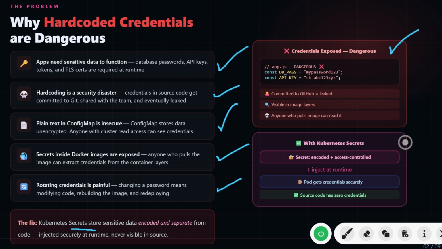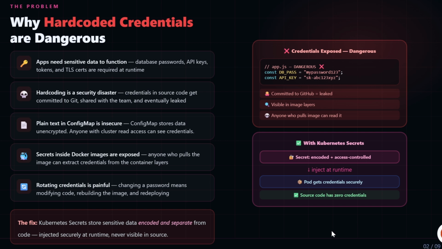And this is how it looks when we use Kubernetes secrets. Secrets are encoded, protected by role-based access control, and injected at runtime into the running application. This is how these problems can be overcome by secrets.